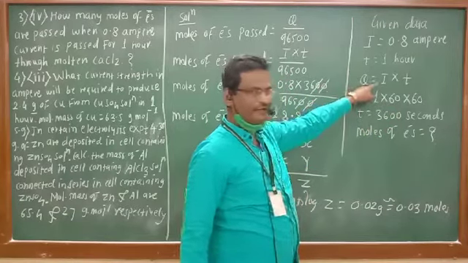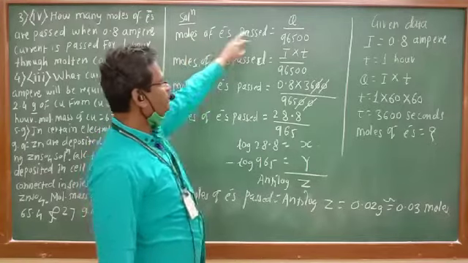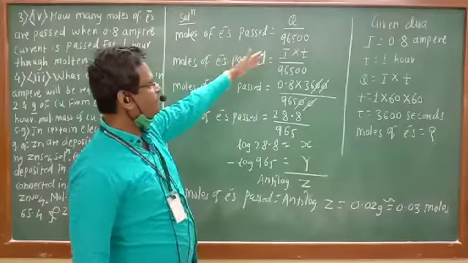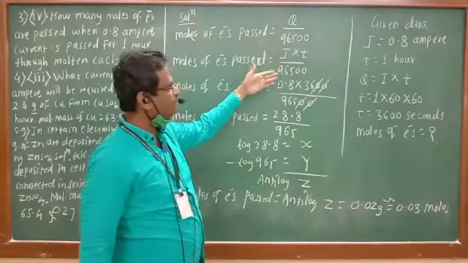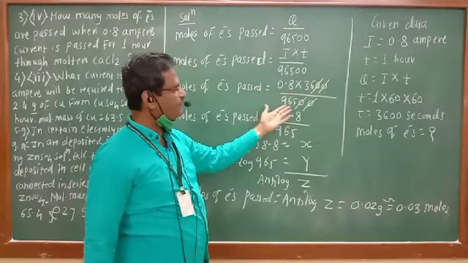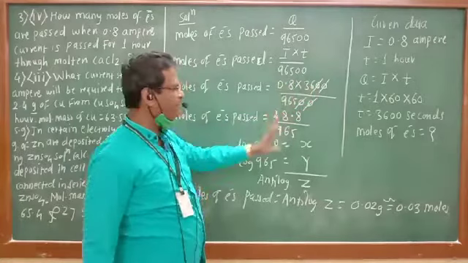Q is equal to IT. We know moles of electron passed, we have studied, is Q upon 96,500, where Q is nothing but IT. Substituting values 0.8, 3600, and 96,500, the 100 from numerator and denominator cancelled.